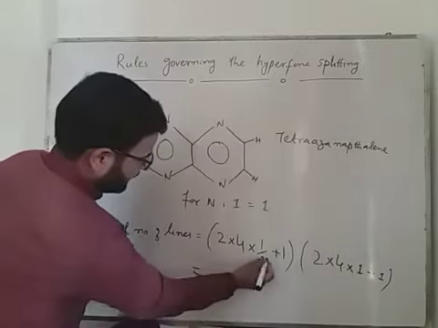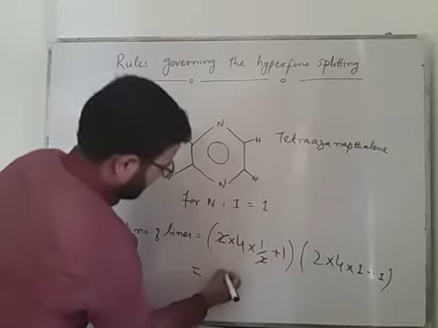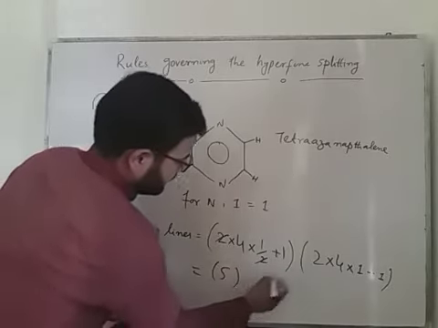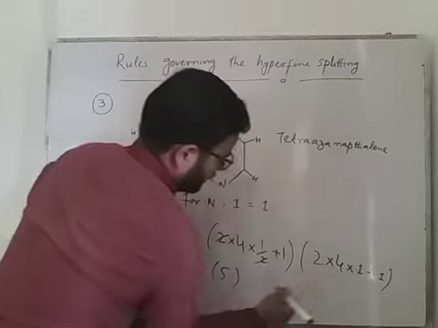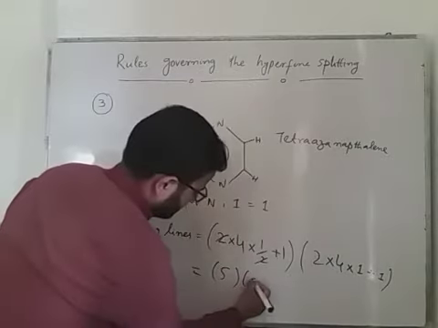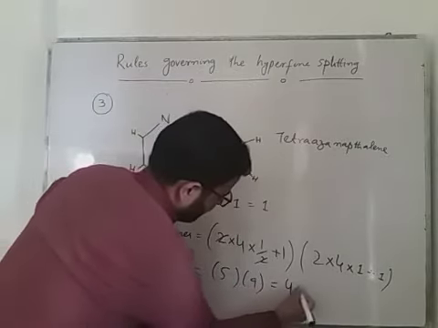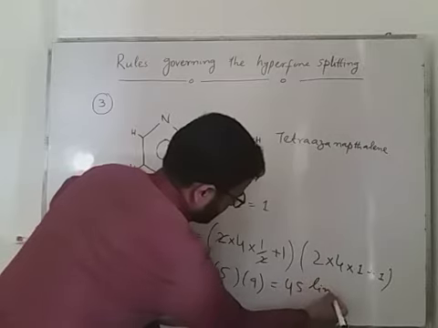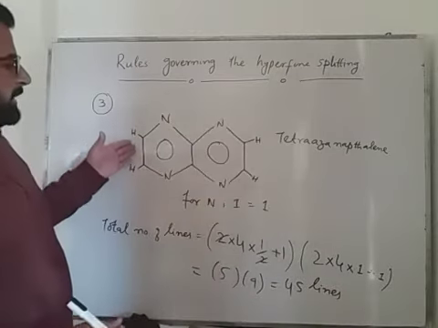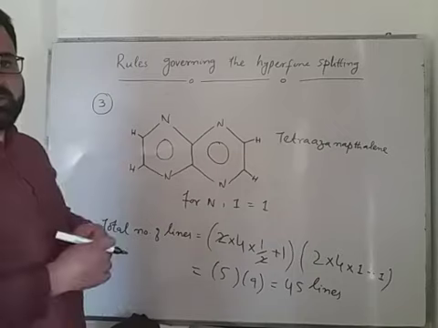So we will get 4 plus 1 is 5, into 2 4s are 8 plus 1 is 9. So we will get 45 lines in case of the EPR spectrum of this kind of molecule.